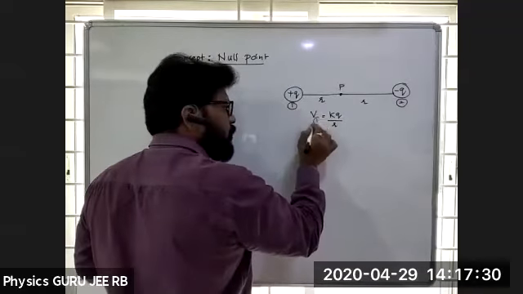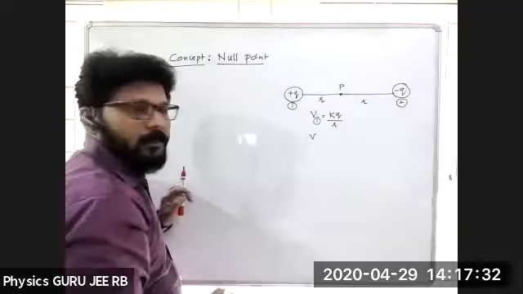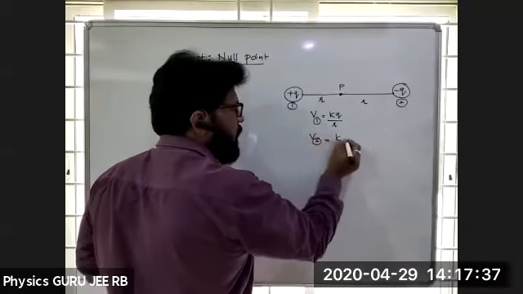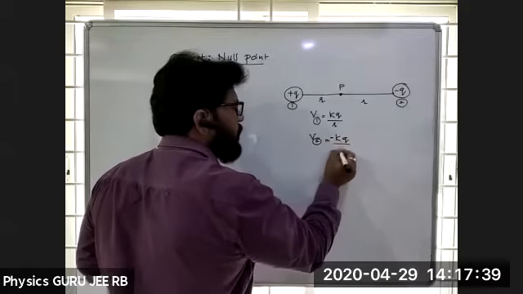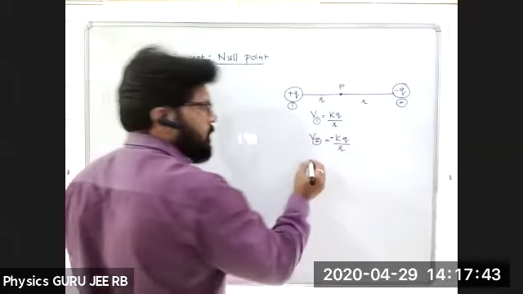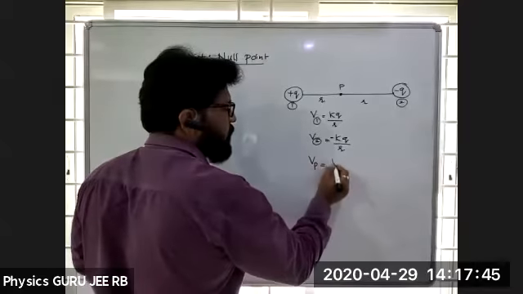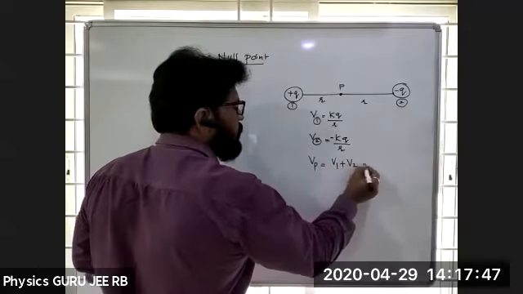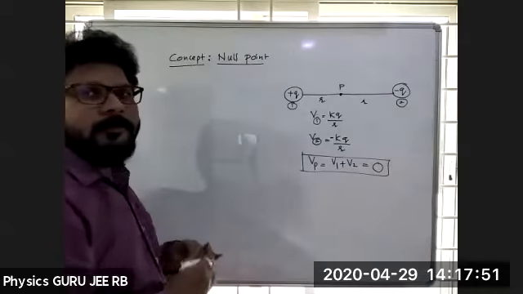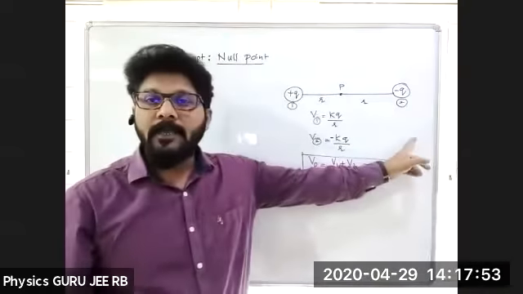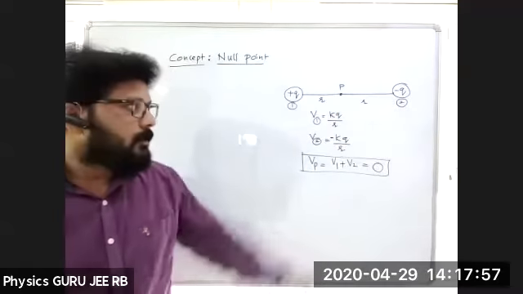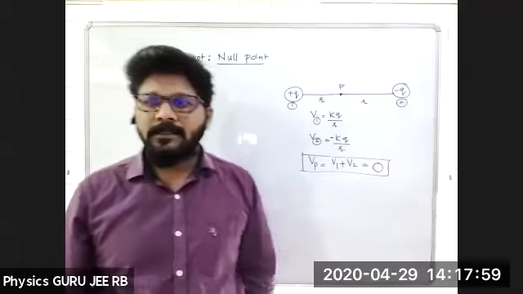So due to the first charge it is KQ by R, and due to the second charge the potential is minus KQ by R. Due to the two charges, the potential at that point is V1 plus V2, which is nothing but 0. Am I right? If both are equal in magnitude and opposite in sign, the potential at the midpoint is 0.